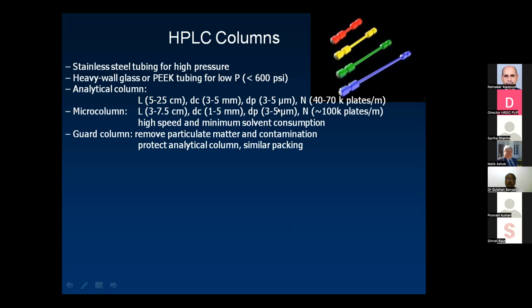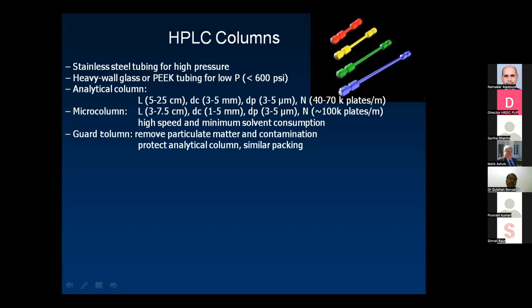Because of the narrow width of the column, it has a higher number of theoretical plates, that is around 1 lakh. So micro columns have high speed, and they consume very little solvent. Another type of column is a guard column.